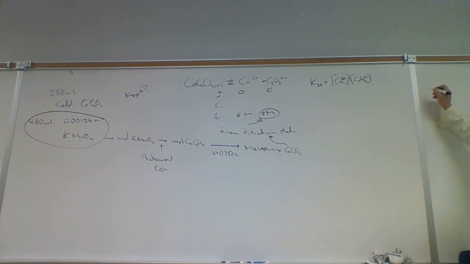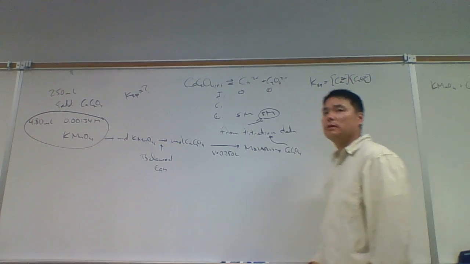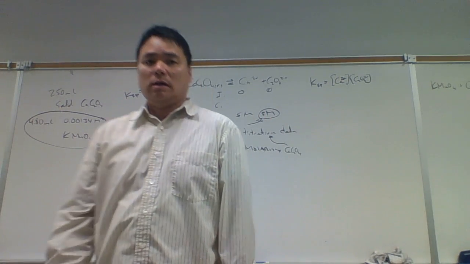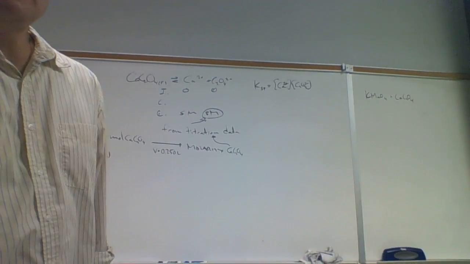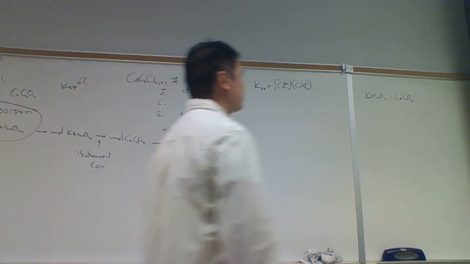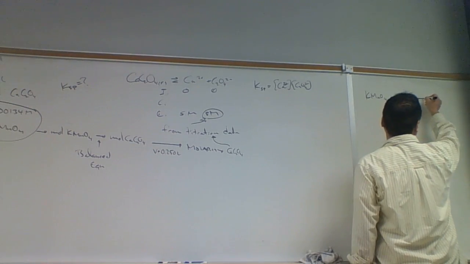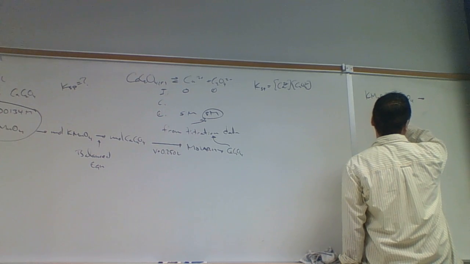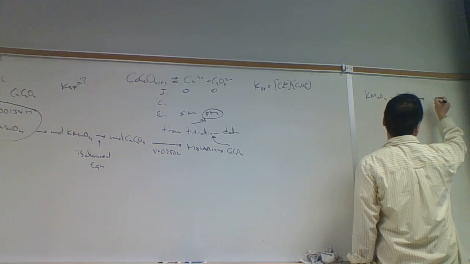And so the reaction here is KMnO4 plus calcium oxalate. This looks like a metathesis reaction, right? But when we come up with it, it's calcium permanganate and potassium oxalate.